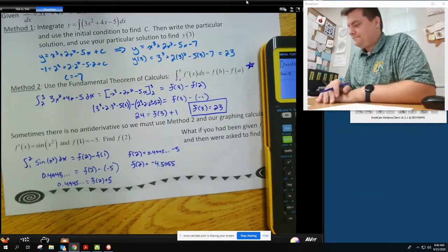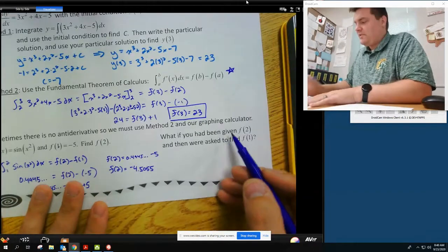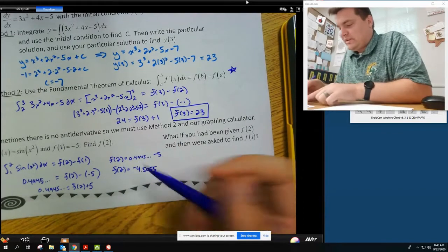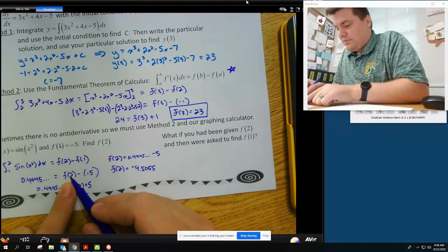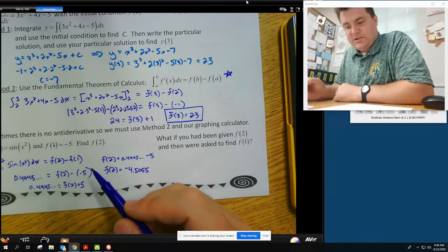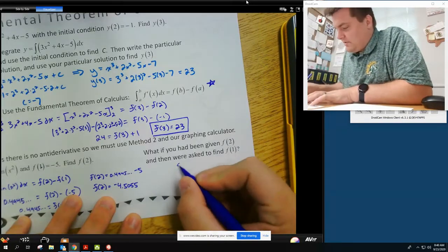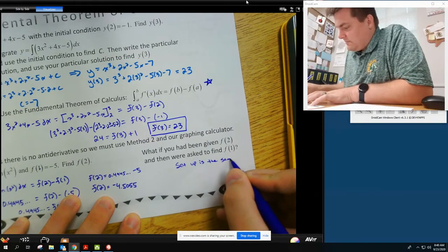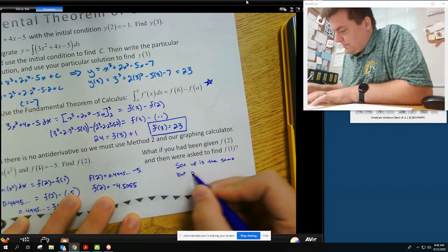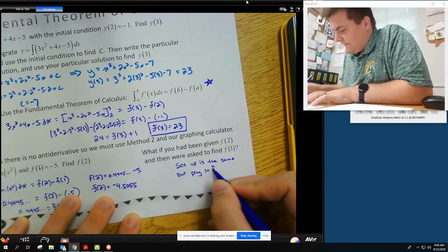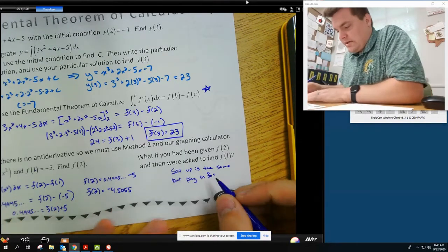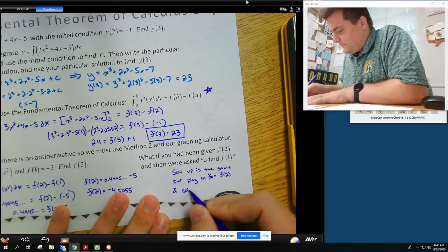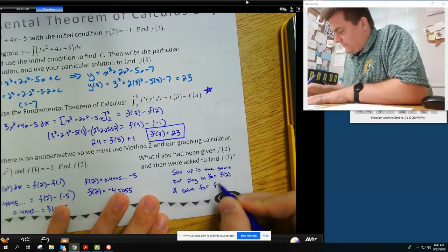But yeah, that's it. So what if you're given f of 2 and then you're asked to find f of 1? Well, nothing would really change except your number would go there and you're trying to look for that. So nothing really changes. The setup is the same, but plug in for f of 2 and solve for f of 1.